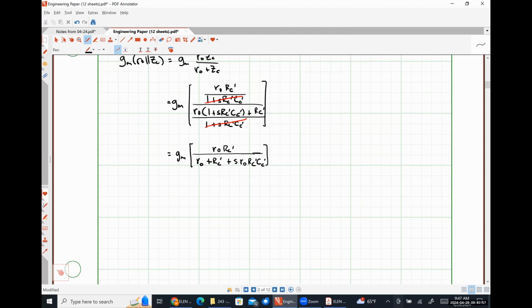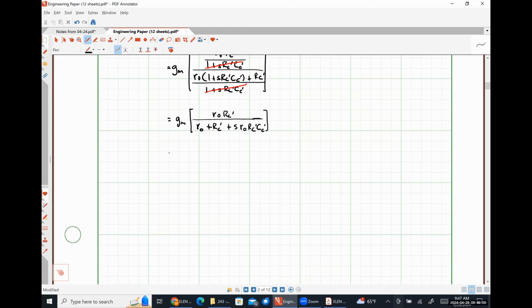And so what I'm going to do now is pull out a factor of R naught plus RC prime from the denominator. So that's going to look like R naught plus RC prime times 1 plus S times R naught RC prime CC prime divided by R naught plus RC prime.